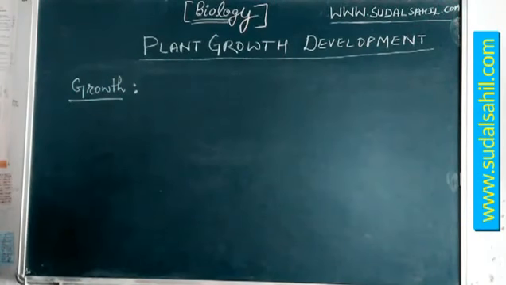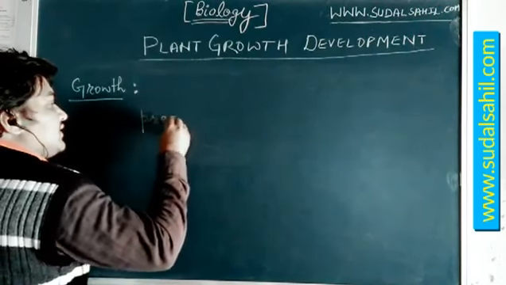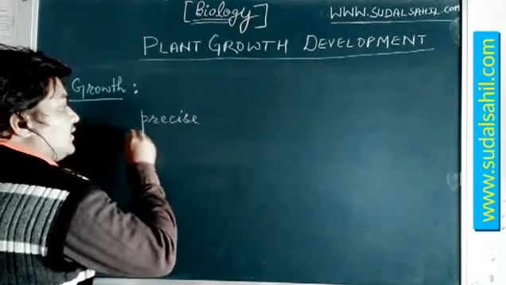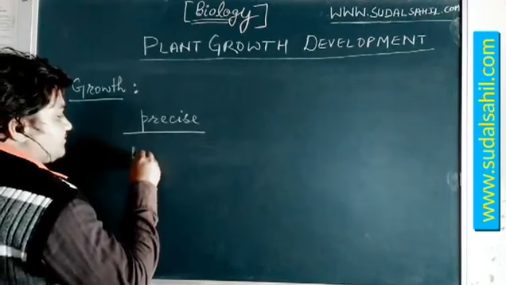So what is meant by precise? First we will discuss precise and highly ordered. What is meant by precise? And why do we need precision? Why is it highly ordered?